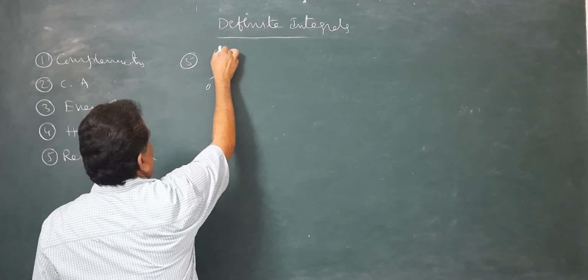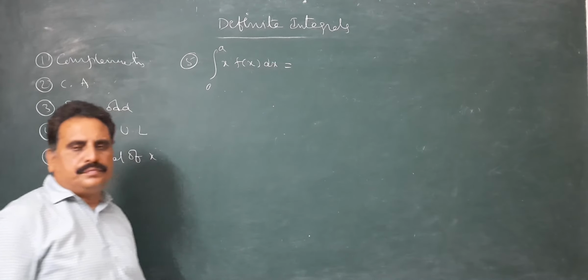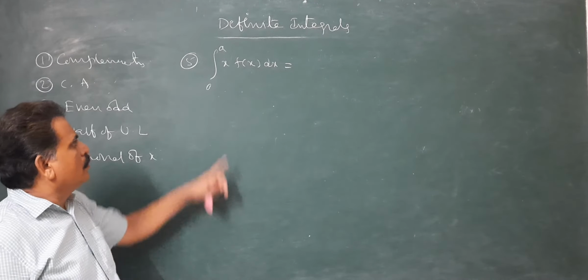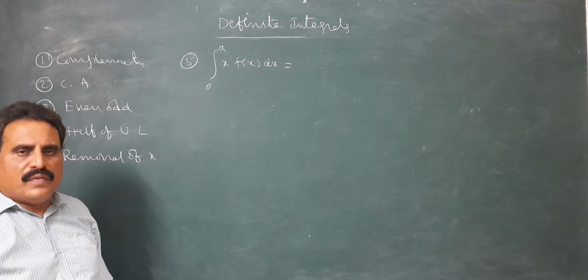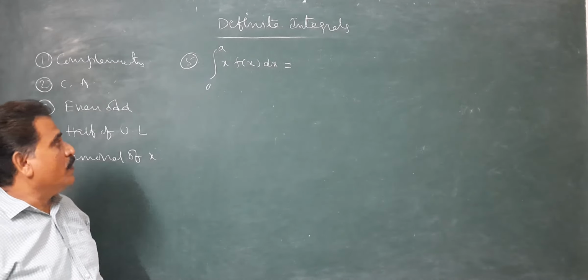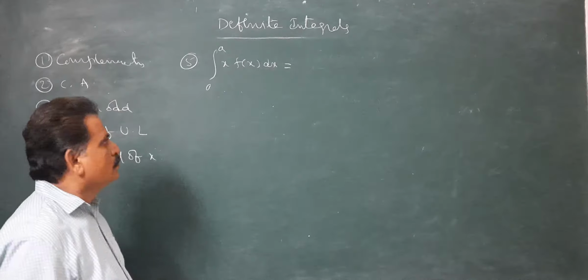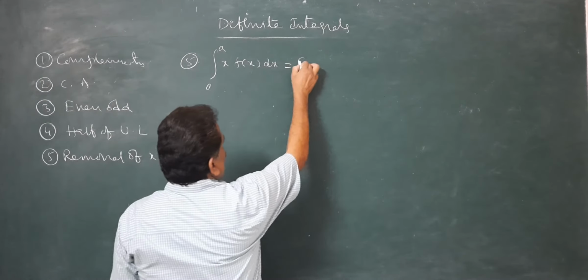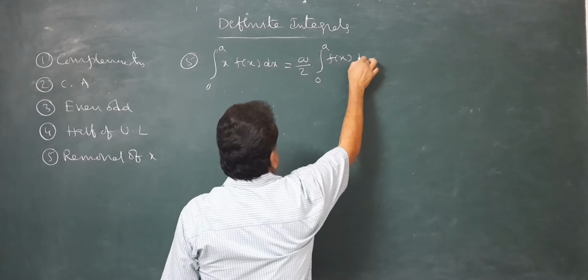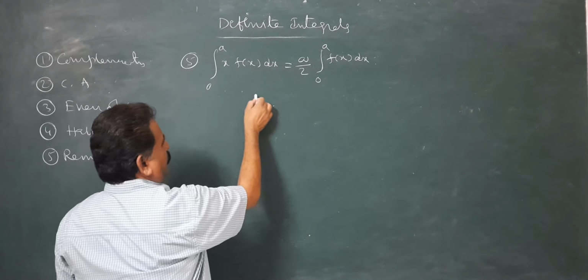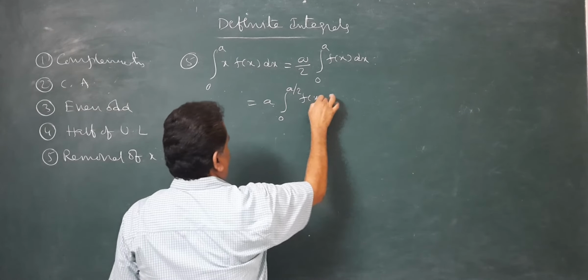Integral 0 to a x f of x dx, if f of a minus x equal to f of x, that is equal to a by 2 times integral 0 to a f of x dx, that is the same as a times integral 0 to a by 2 f of x dx.